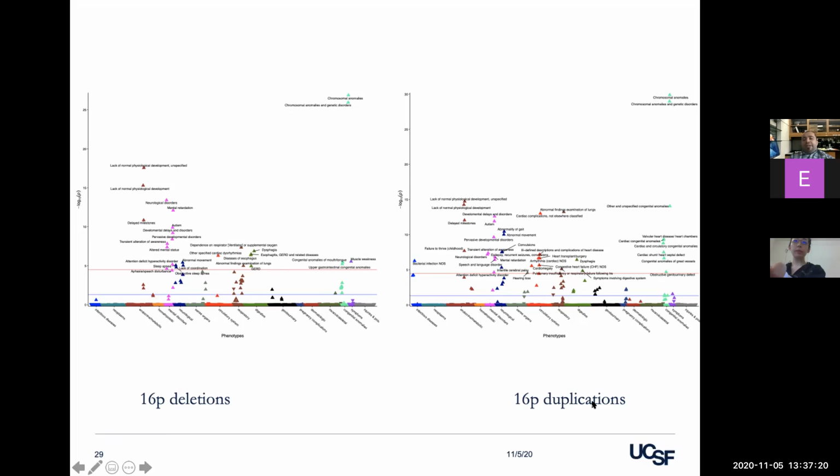In duplications, we see similar phenotypes. We have convulsions, so epilepsy-related phenotypes that we were aware of, delayed milestones, and bacterial infection, which is not always specified. There's not been any evidence that people with these mutations are more prone to infectious diseases. So that's a phenotype that we found that we did not expect to find.